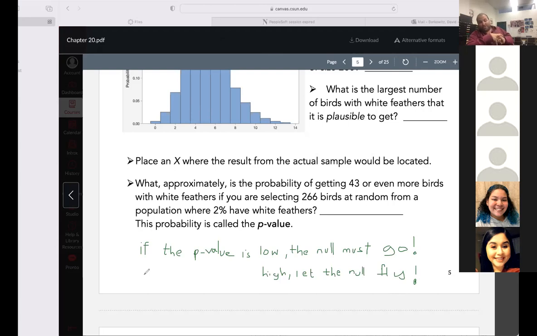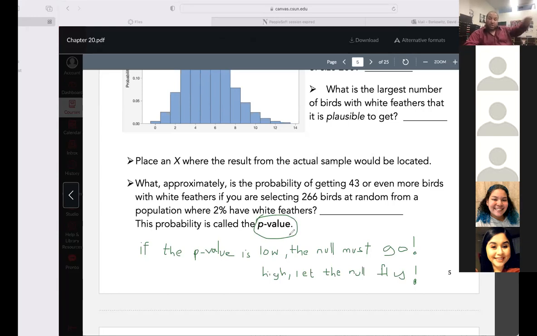Anyways, so let's understand what that means. Small p-values are very unlikely results. Very unlikely results make me question my underlying assumptions, the null hypothesis as it's called. Low p-values are unlikely results if the null is true, so the null is more than likely not true.